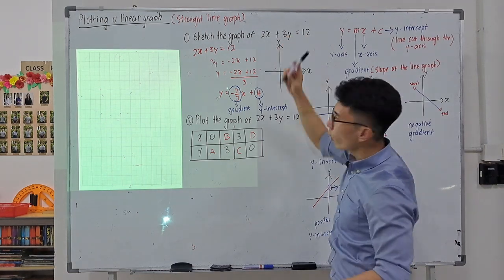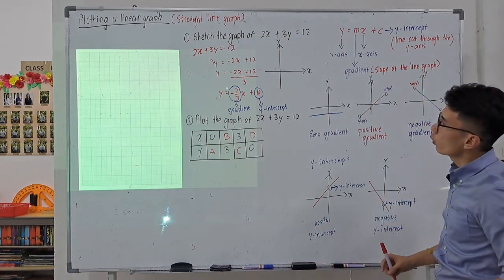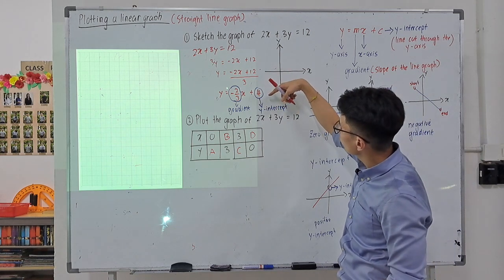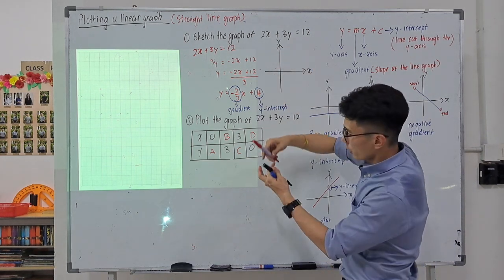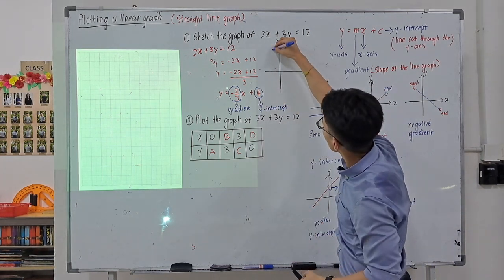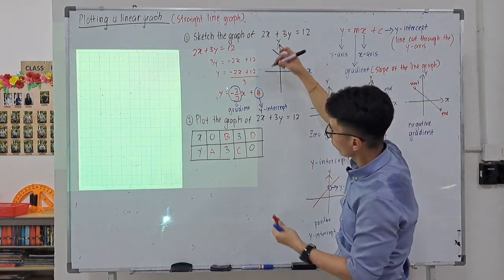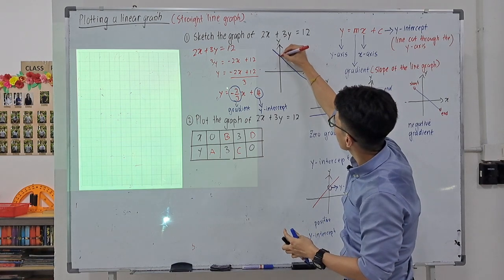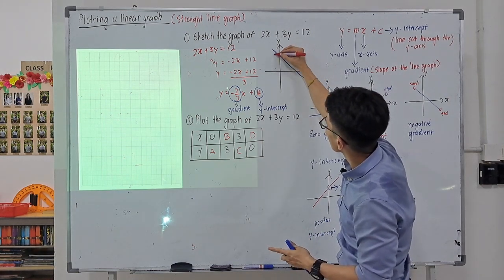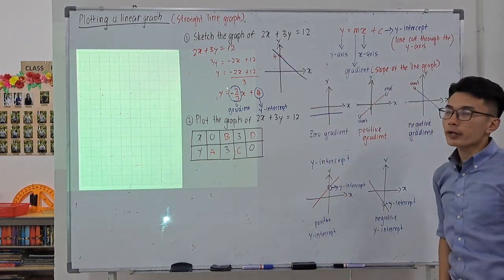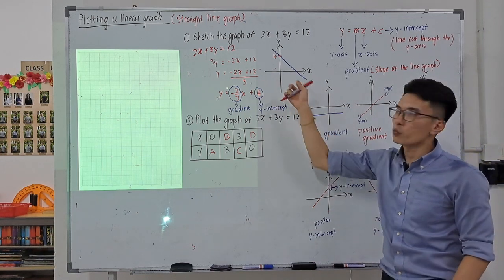This is going to be my y. And if we work this out, you will notice that the line will go through like this, where the y-intercept is going to be 4. All right, and that is how we sketch the graph.